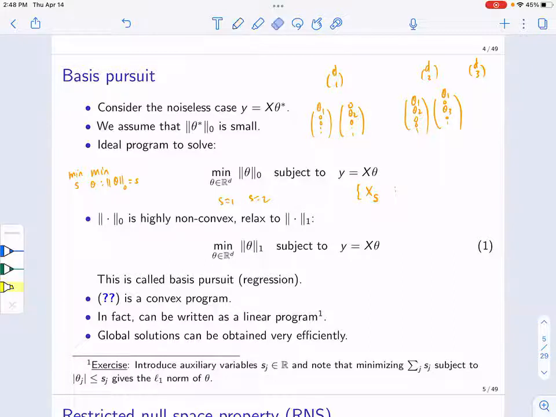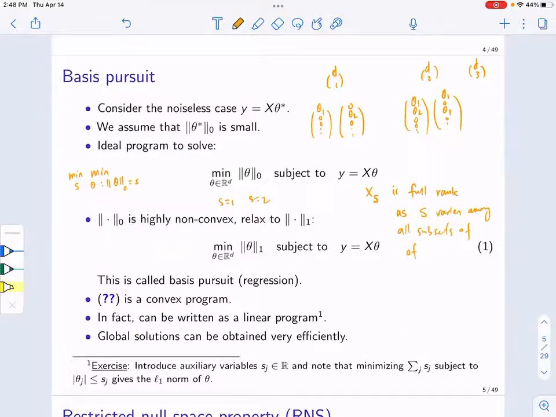So X_S is full rank as S varies among all subsets of size S of the set of D. This is the notation I'm sometimes going to use. What it's saying is that I'm going to choose the submatrix of X on columns indexed by S.